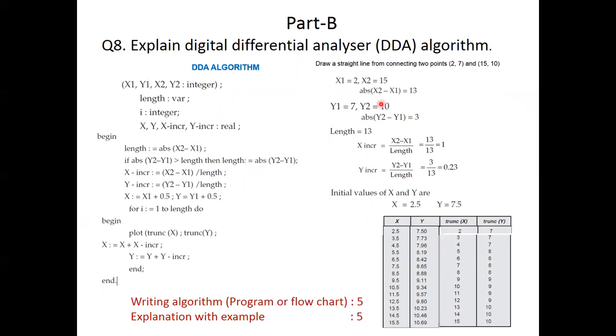Explaining the algorithm with a numerical example carries 5 marks. Any example is fine: any x and y value, x increment, y increment value, adding them together so that you can explain it. If only the algorithm, only the program or flowchart, is presented, you will be awarded 5 marks. If both are presented correctly, 10 marks will be awarded.